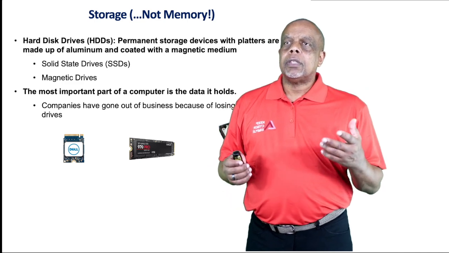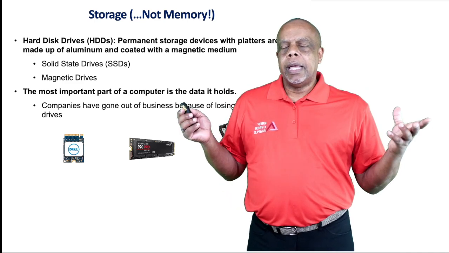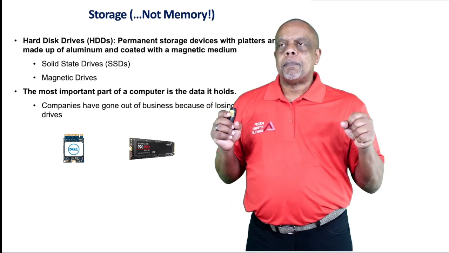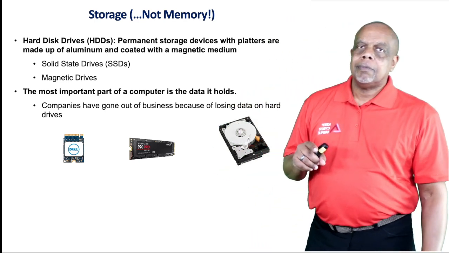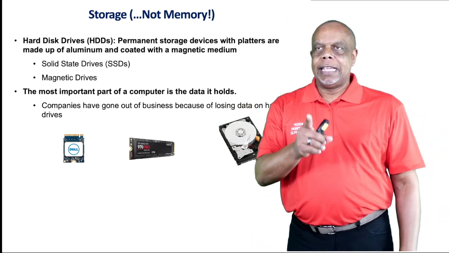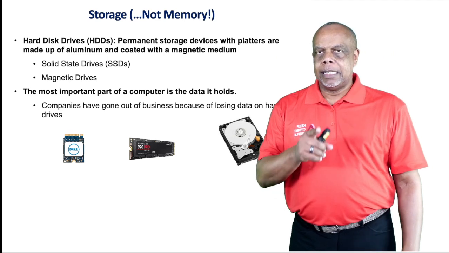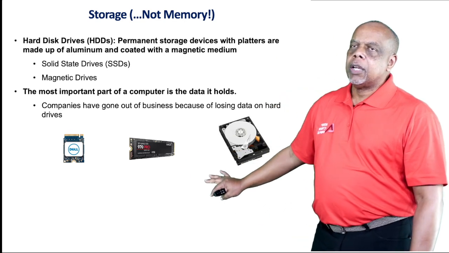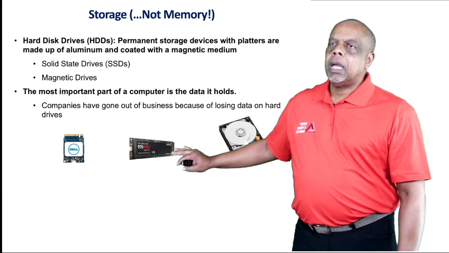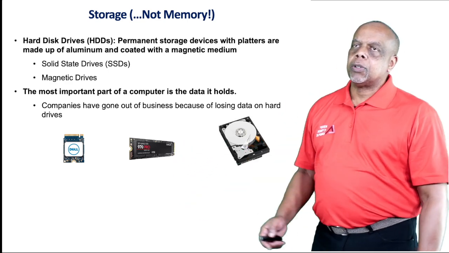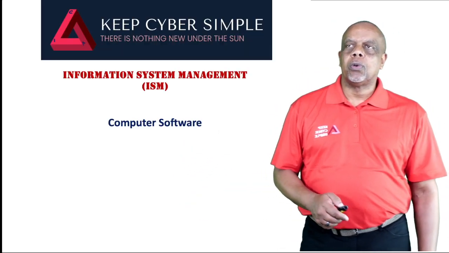Now, the thing to remember, especially from an ISM perspective, is that the most important part of a computer is not the hardware, it's the data. That's what we're protecting. That's why understanding some of these things is important, and knowing how to back up your data and protect your data, because that's where it's stored.